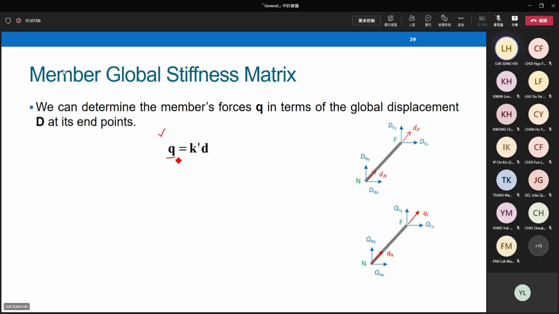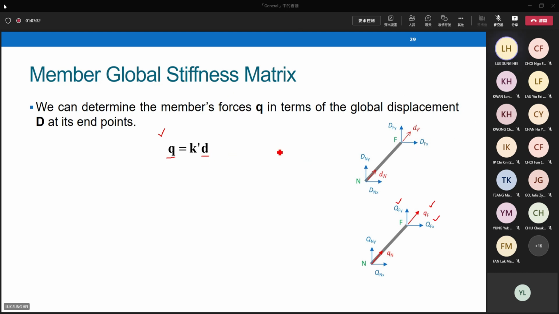Small q means the local actual force along the member. You can see from the picture. Capital Q is used to denote the force using the global coordinates. We use small letters for local, capital letters for global coordinates, so it's quite easy to distinguish.